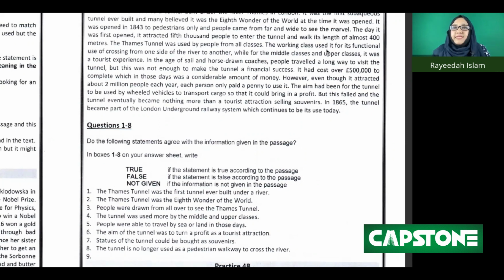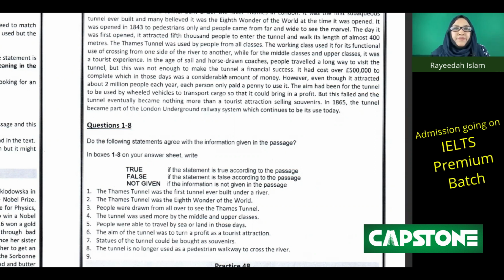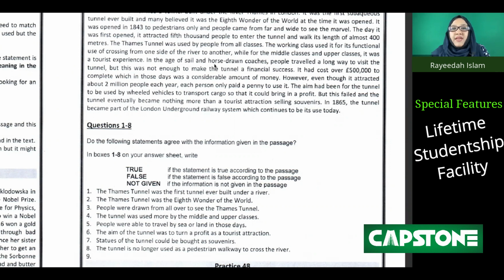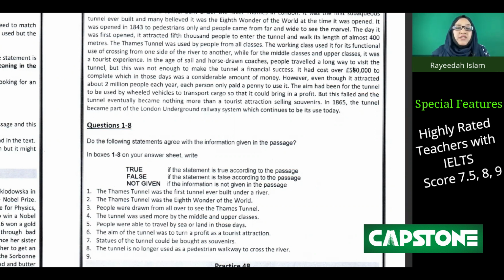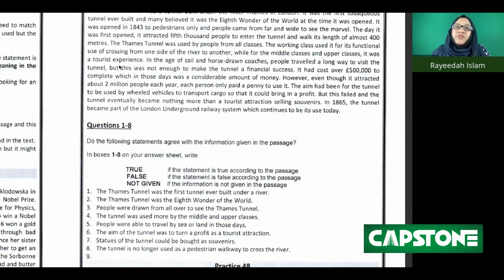The working class used it for its functional use of crossing from one side of the river to another, while for the middle classes and upper classes, it was a tourist experience. Acha. In the age of sail and horse-drawn coaches, people traveled a long way to visit the tunnel, but this was not enough to make the tunnel a financial success.